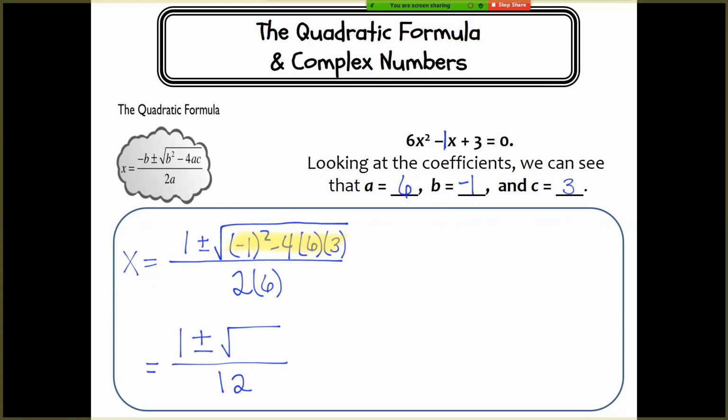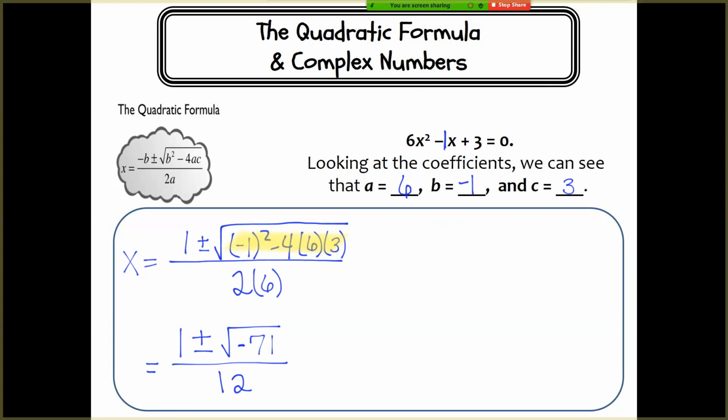Somebody tell me what you get when you type that in your calculator. Negative 71, perfect. Is 71 a perfect square?